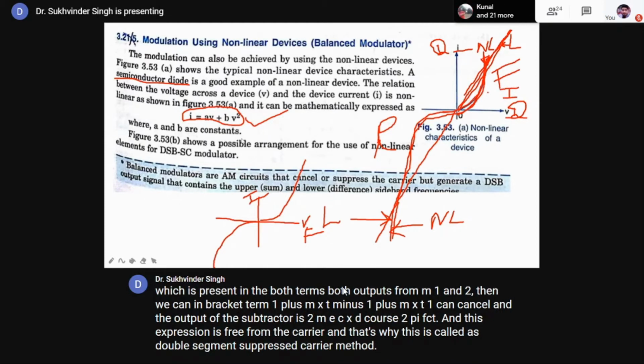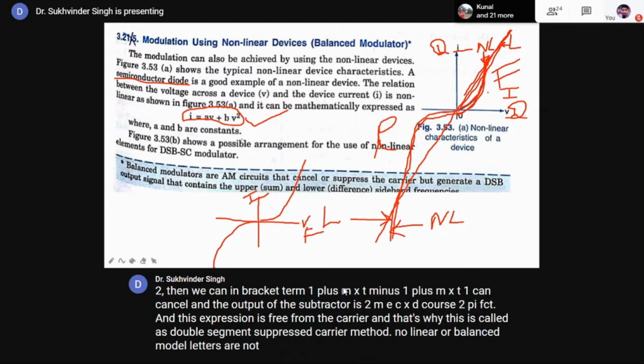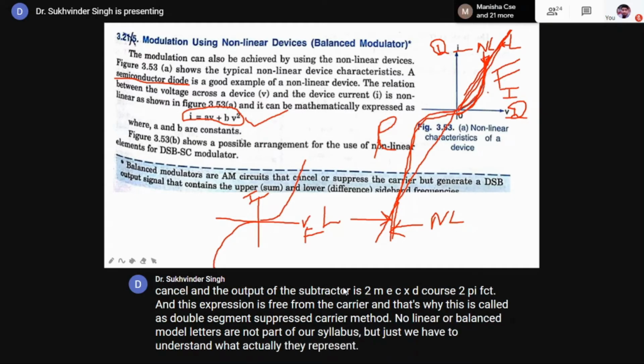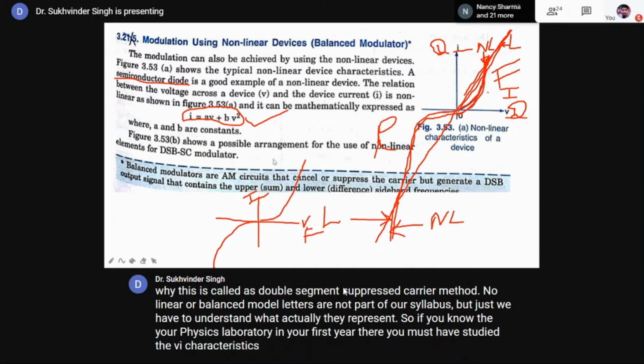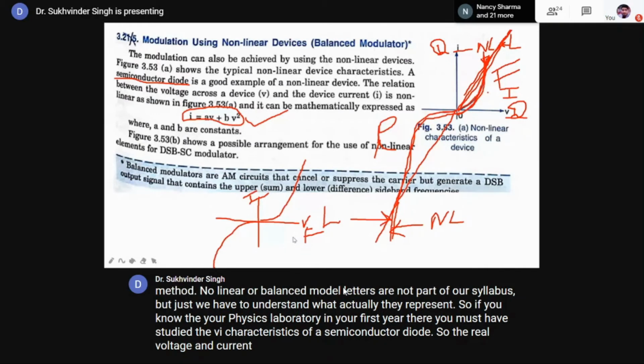Nonlinear or balanced modulators are not part of our syllabus, but we have to understand what they represent. If you remember your physics laboratory in your first year, there you must have studied the VI characteristics of a semiconductor diode. The voltage and current behavior in forward bias as well as reverse bias is not a straight line.